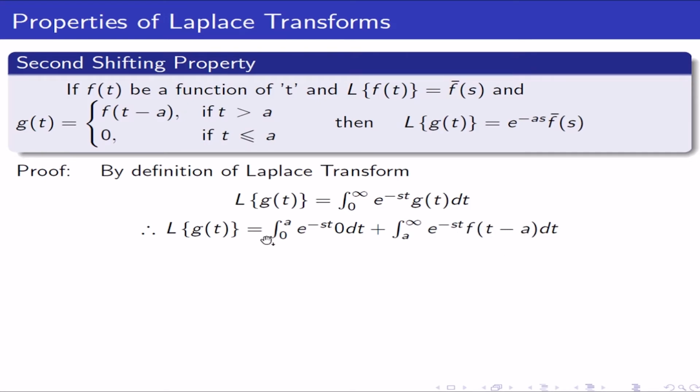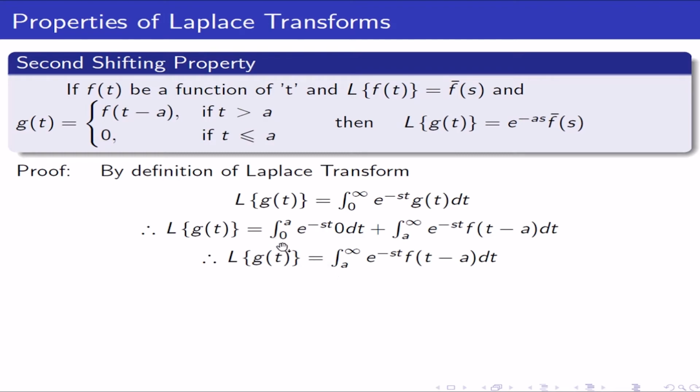So the Laplace transform of g of t is equal to the integration from 0 to a of e raised to minus st times 0 dt, plus the integration from a to infinity of e raised to minus st f of t minus a dt.